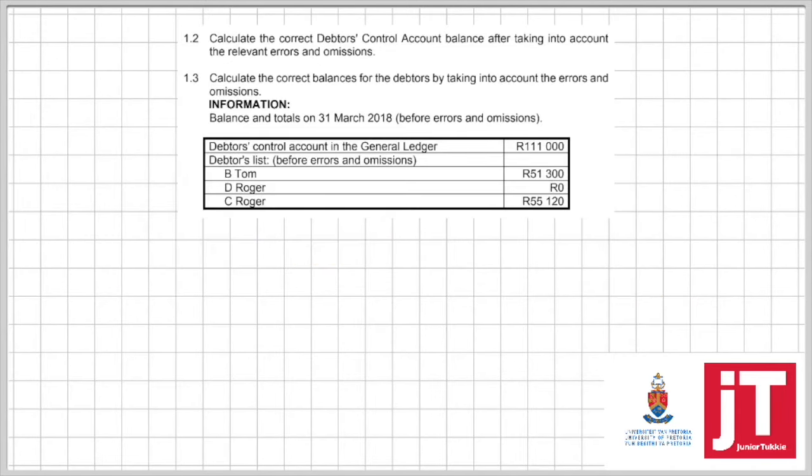Looking at this activity, what is required? Calculate the correct debtors control account balance after taking into account the relevant errors and omissions. Then calculate the correct balances of the debtors by taking into account the errors and omissions.